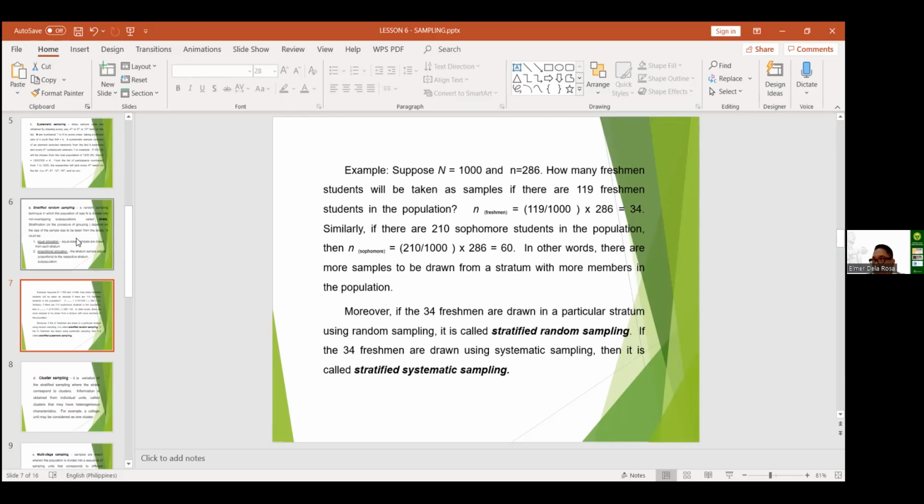Ma'am Neris? Yes, Ma'am Neris. Sir Jose Leonardo, balikan nga natin yung una. Kung simple random ang gagamitin, how do you select the 286?